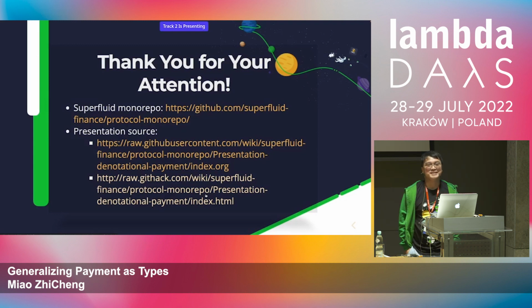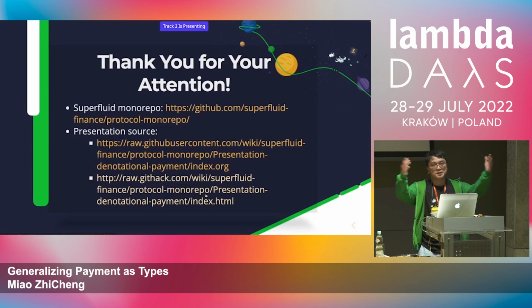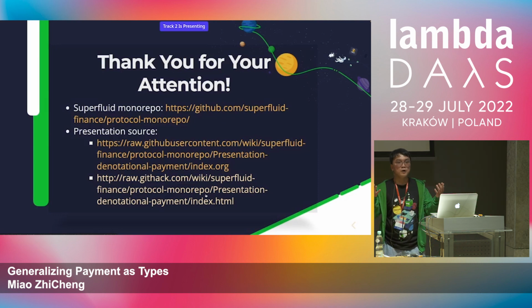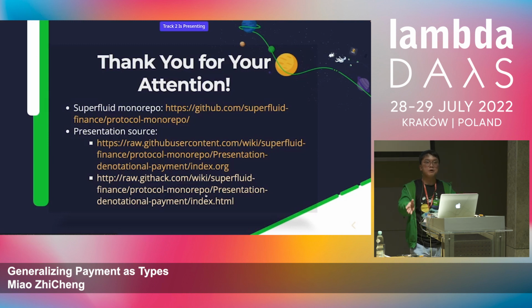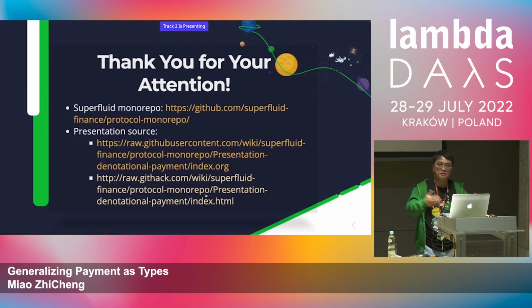Thought about it, but haven't. It's an open source project. Nothing here is a secret. I would just put a plug here: if you want to join the journey of the Superfluid protocol, we are currently mainly on Ethereum, but the space is big, so we might also move somewhere else.